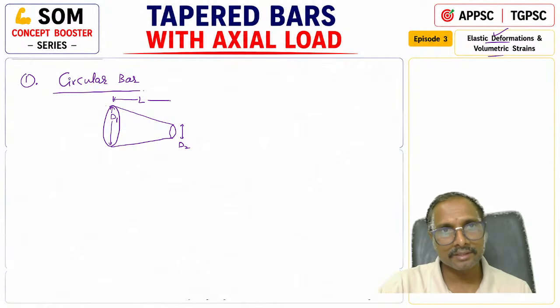This is the length. And what is the axis? The center will be here only, no? This is the axis. So the load applied at the axis is the axial load, either tension or compression. Now tell me, what is the deflection and net deformation?